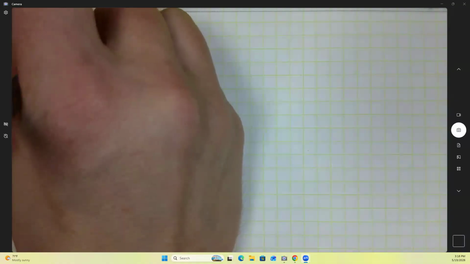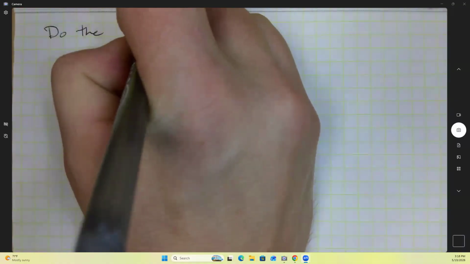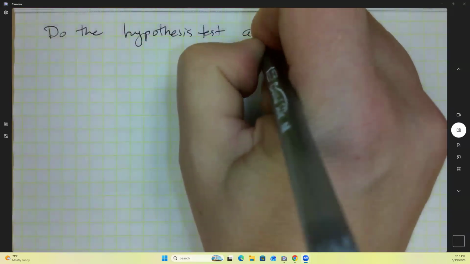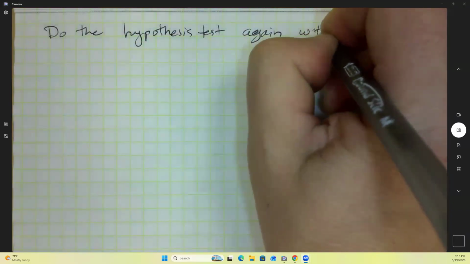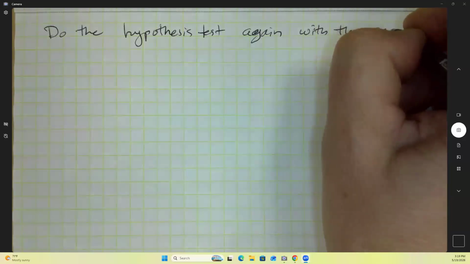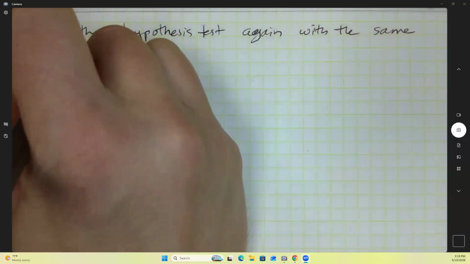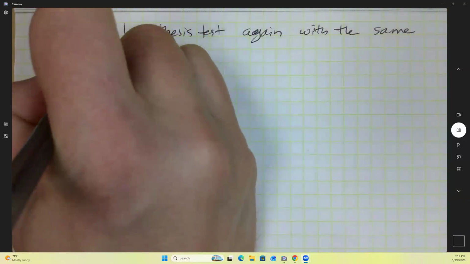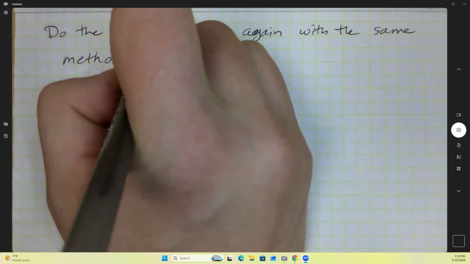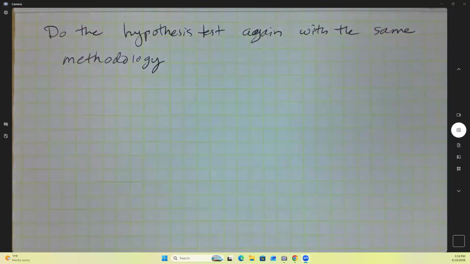I mean, the gold standard for science is being able to replicate your results. So do the hypothesis test again with the same methodology or protocol. So we hop back in the bus, go back out to the tide pools, collect another 32 sea urchins, and maybe we do that 10 times.